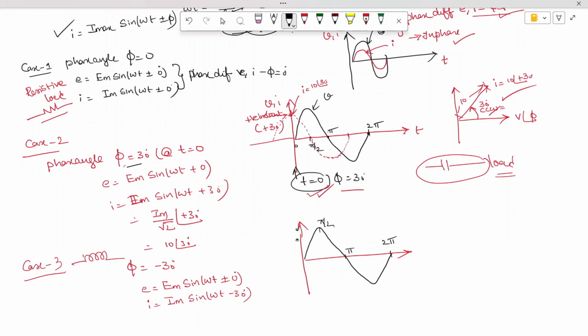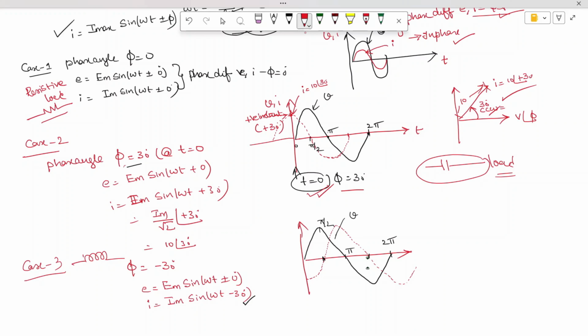Now this is the waveform of voltage, and how we will get the current is minus 30. Minus 30 means you mark half these values. Minus 30 means it has to touch at a negative instant. Now I'm drawing that waveform. Somewhere it starts and it reaches this point, and it maintains the same value as the voltage, and it travels somewhere else like this.